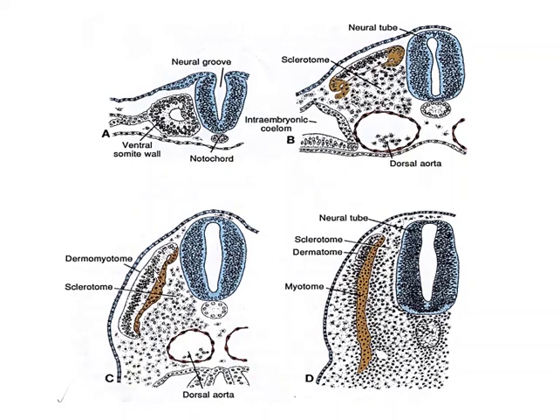Here is the dermomyotome and sclerotome. So the dermomyotome then differentiates into myotome and dermatome surrounding the neural tube, while the sclerotome later on forms the vertebral column that's surrounding the neural tube.